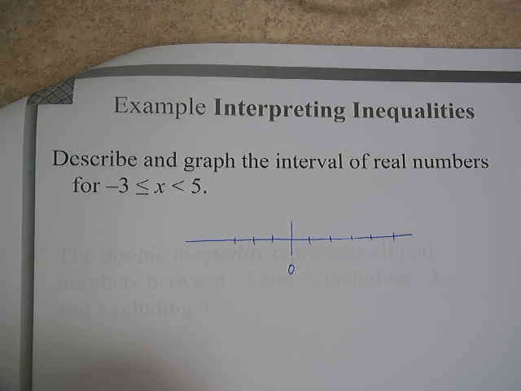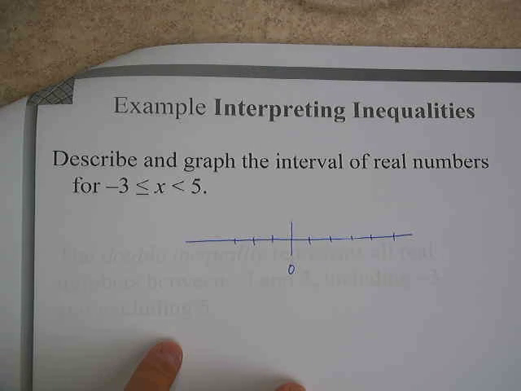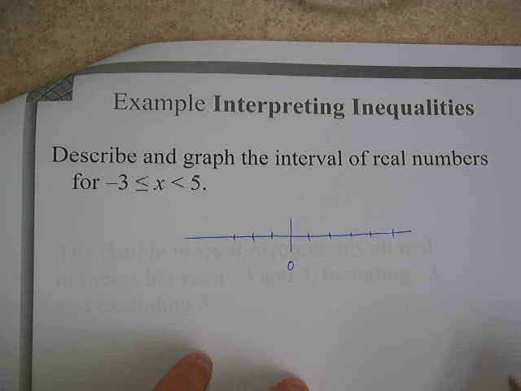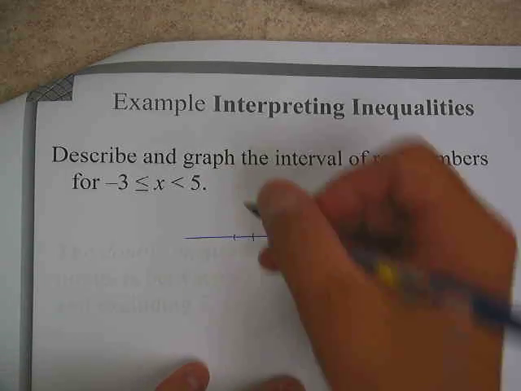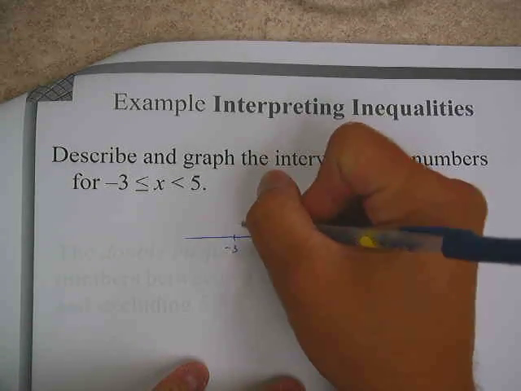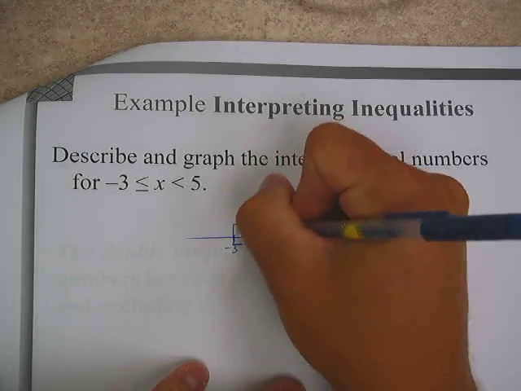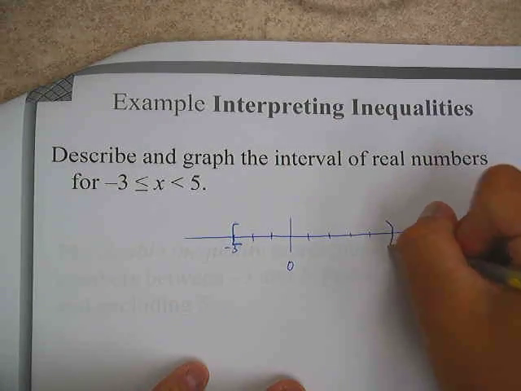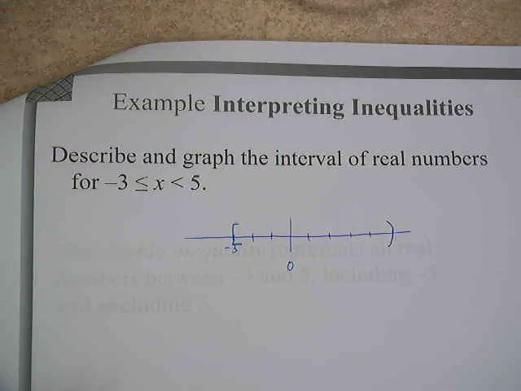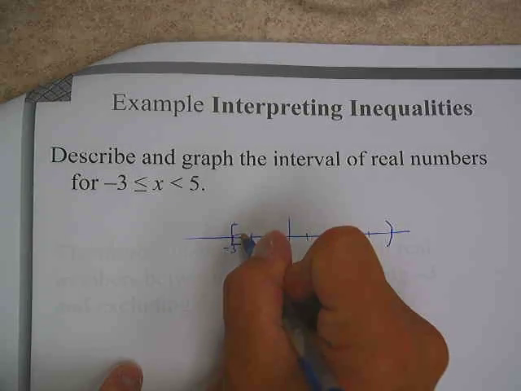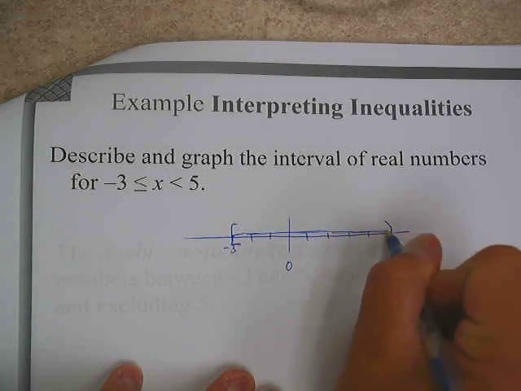All right, and then the other part we're going to look at here is graphing the interval. So when we make our number line here, if we call that 0, and we go 1, 2, 3, 1, 2, 3, 4, 5. There's a couple of different ways that we can express this in a graph. The first way is we can use our bracket and parenthesis notation.